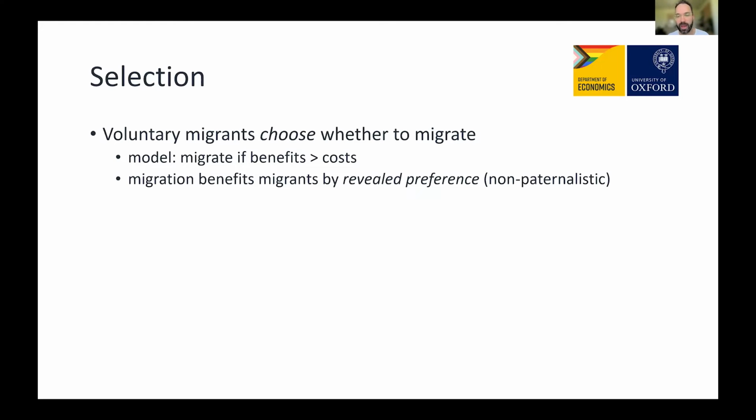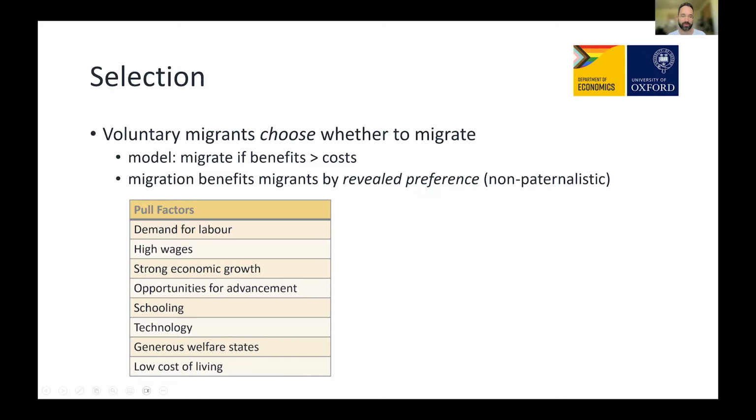That we call revealed preference. So by migrating, refugees have revealed a preference to migrate, and therefore that they prefer this option over all other options.